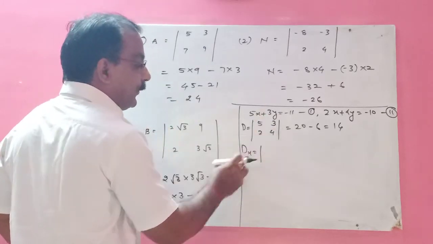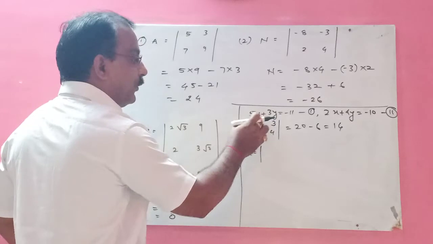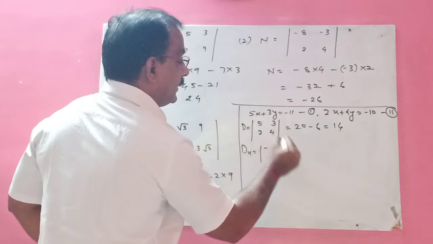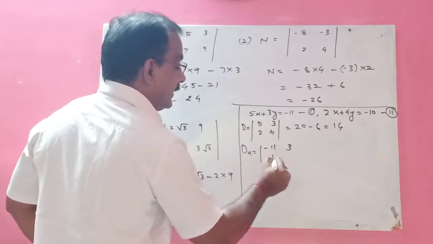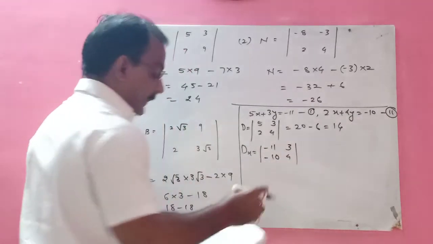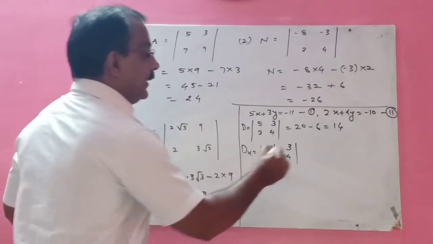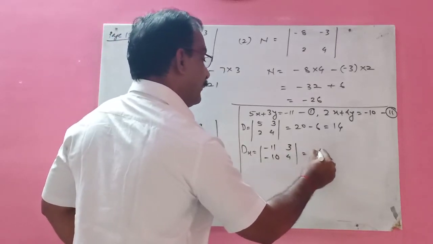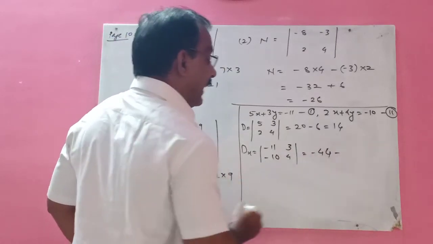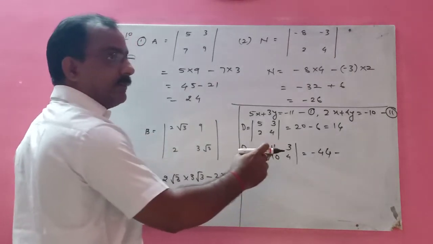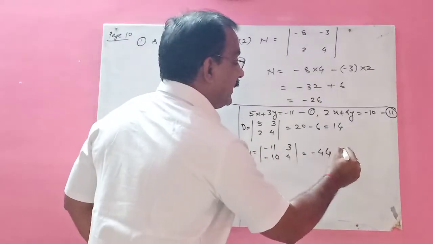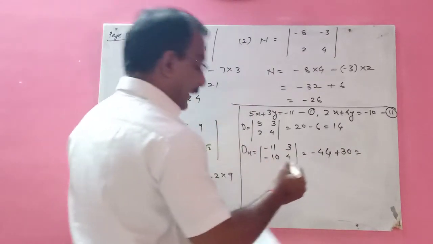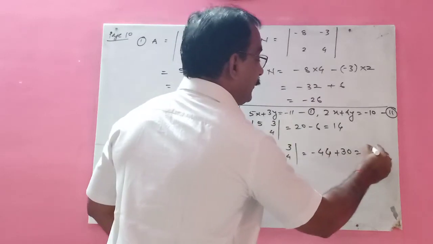Write minus 11, 3 and minus 10, 4, and do the same way as you have done here. Minus 11 into 4 is minus 44, then minus 10 into 3 is minus 30, so minus 44 and minus 30 becomes plus 30, which is equal to how much? Minus 14. This is minus 14.